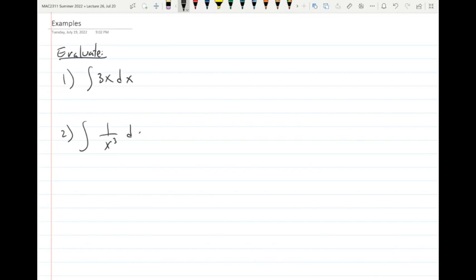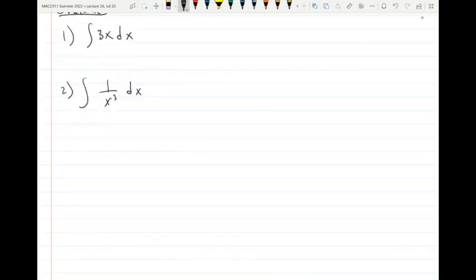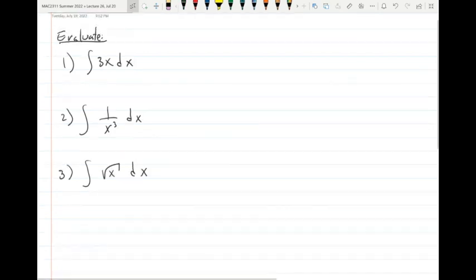Integral of 1 over x cubed dx. Integral of square root. Okay, so let's see. Let's do all of this together, and then I'm gonna give you others for you to think about while I take attendance, and then come back, etc.